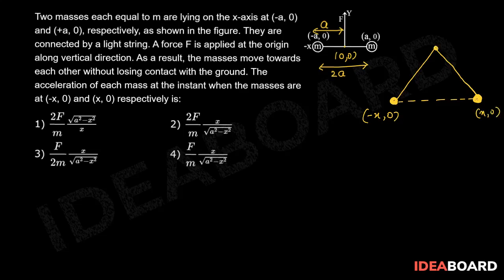Now the force is applied at this point vertically upwards. Let us name this point as P, this point as A and this point as B. Let us suppose the strings AP and PB subtend an angle theta with the line joining the two masses. So there will be a tension developed in the string.